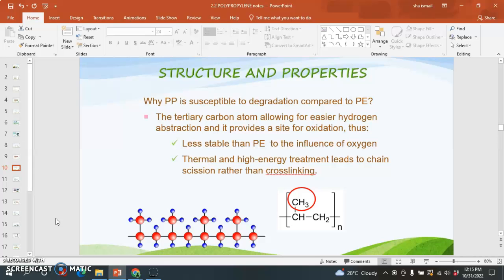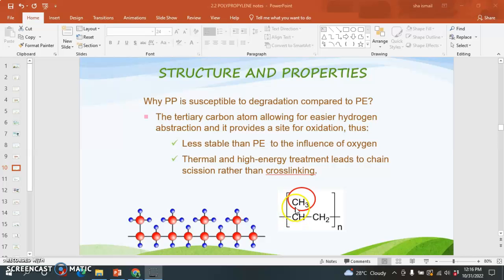And why? Because of the tertiary carbon atom allowing for easier hydrogen abstraction, and it provides a site for oxidation. Thus, we make the PP less stable than PE. The influence of oxygen and thermal and high energy treatment leads to chain scission rather than cross-linking.